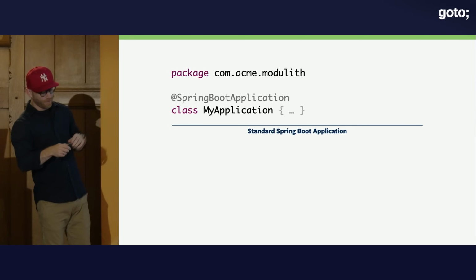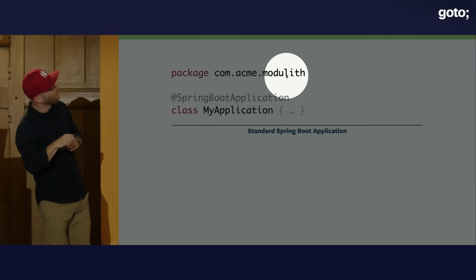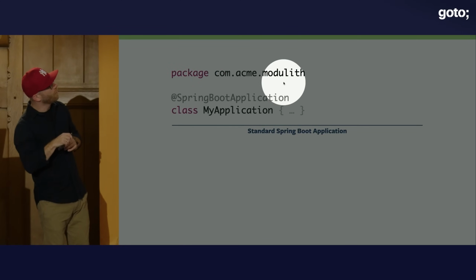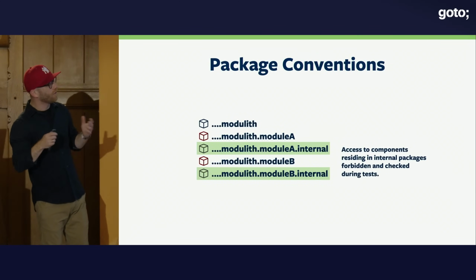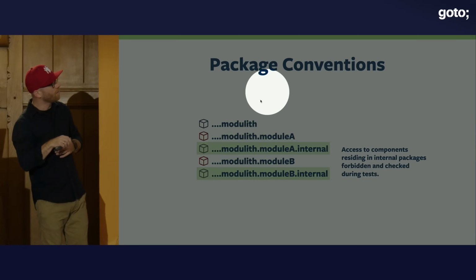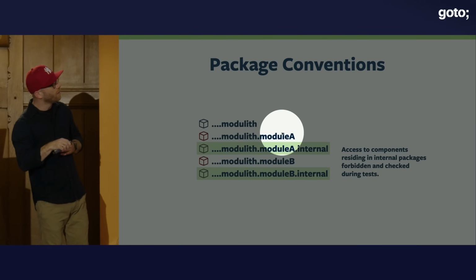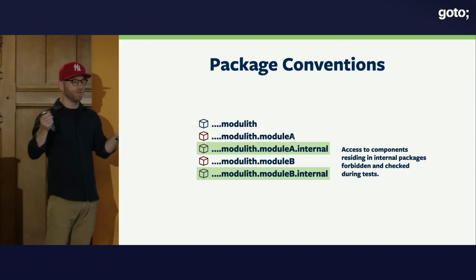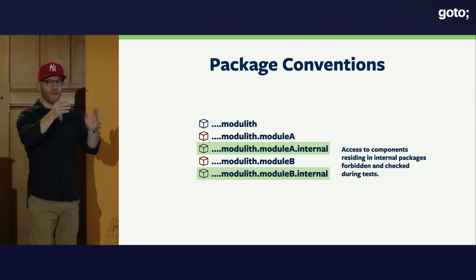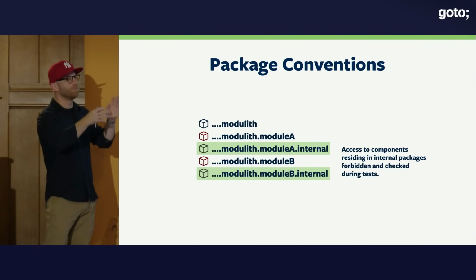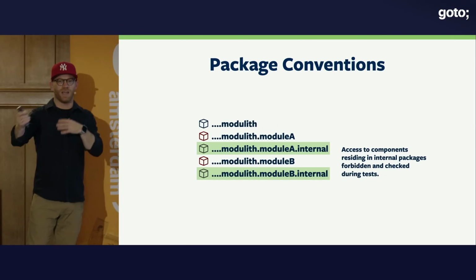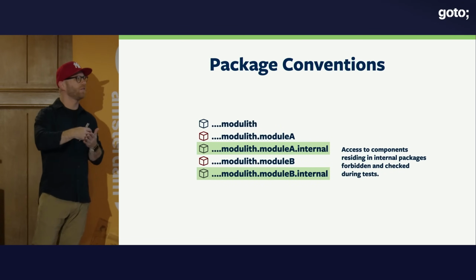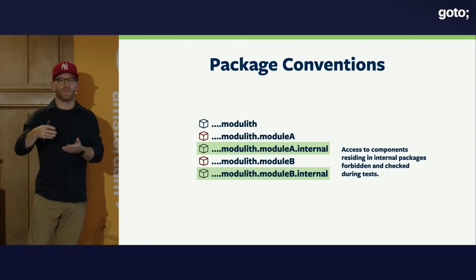It's located in some package here, com.acm.modulith, and what it does is imply that all the direct subpackages form the entry points into a logical application module system, as we call it, application module system explicitly, because there already is a Java module system, which has different goals and does certain things much better.